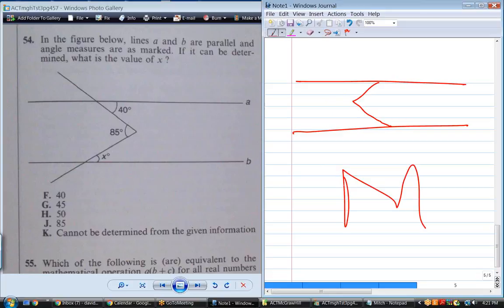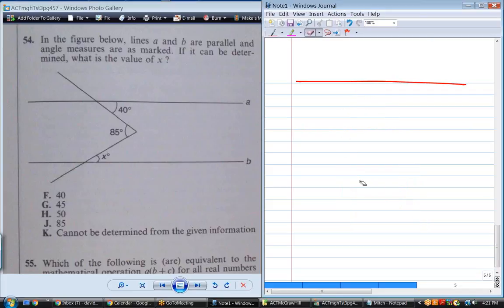Well, the secret is the sum of interior angle 1 and interior angle 2 is equal to that. So what's X? It would have to be 45. Correct.